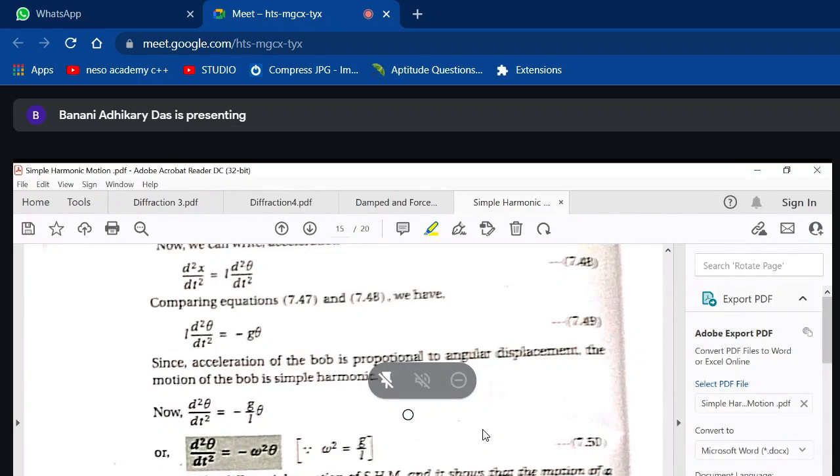Once you know your omega square, which means you know your omega, the time period is not a problem, because you can calculate it from T is equal to 2 pi by omega.